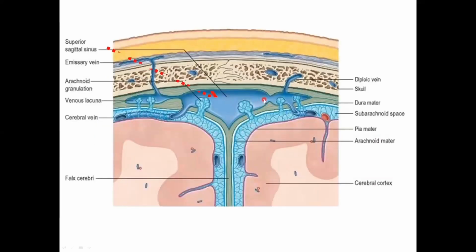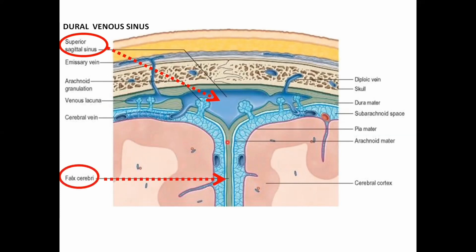What happens? The endosteal layer and the meningeal layer are separated to enclose the dural venous sinuses. And at those places, the inner meningeal layer will form folds that will extend between the parts of the brain. These are called dural folds.